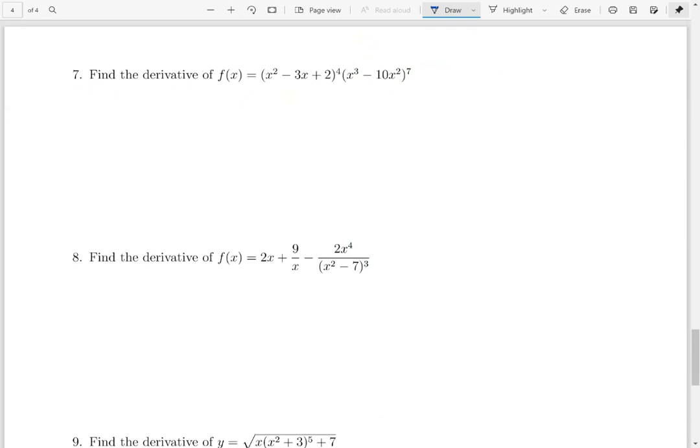Now we have product rule with more chain rule. Okay, so f prime of x. Step 1, second function unchanged. That's going to be x cubed minus 10x squared raised to the 7th power times the derivative of the first function.